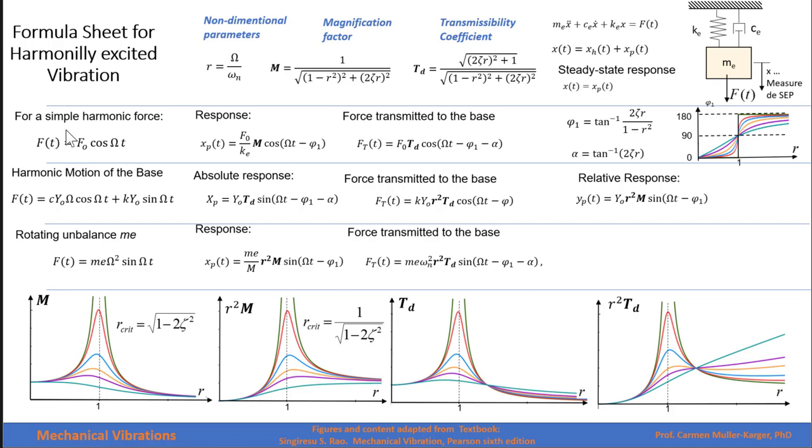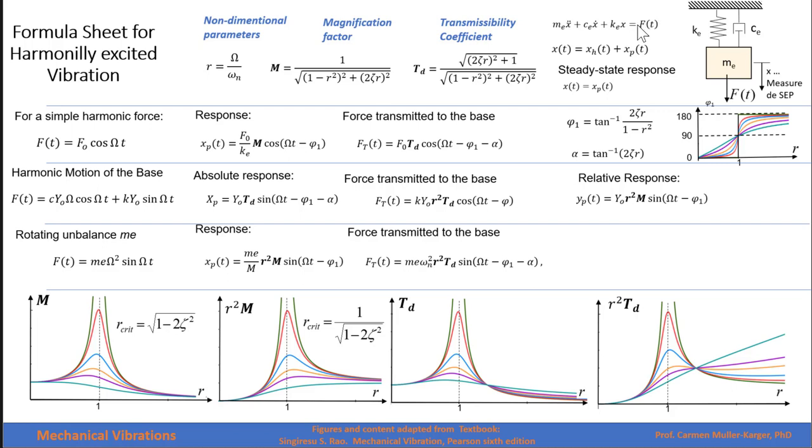The first one was when we apply a simple harmonic force, F0 cosine of omega t. We got this response, where the amplitude follows the behavior of the amplification factor, and the force transmitted to the base will follow the behavior of the transmissibility factor, which is this graph right here. Then we had the harmonic motion of a base.